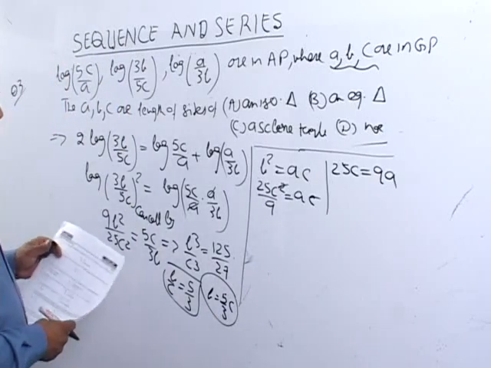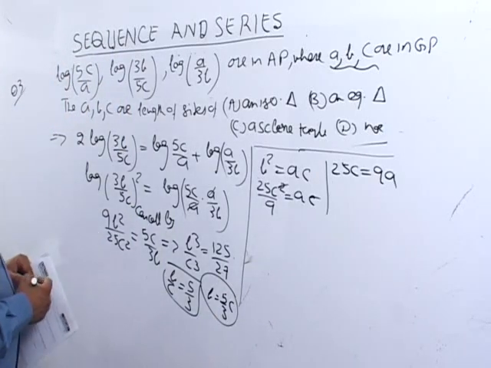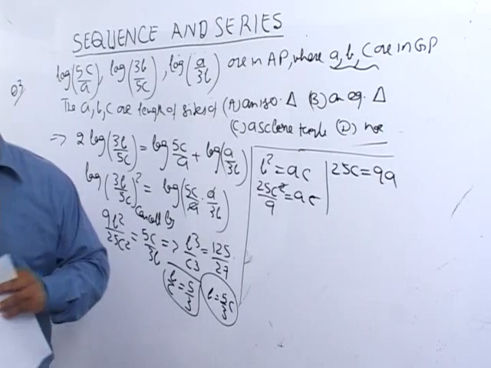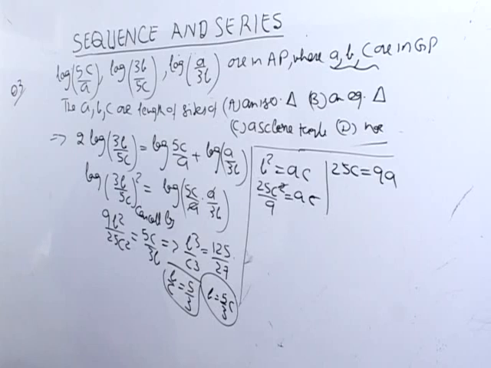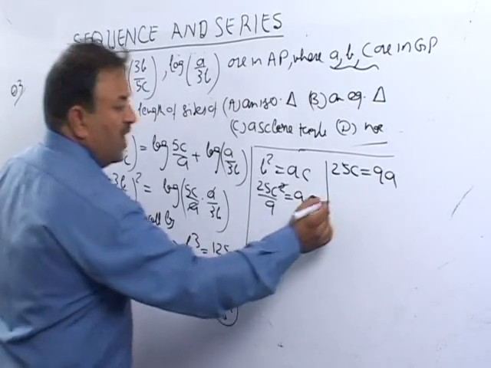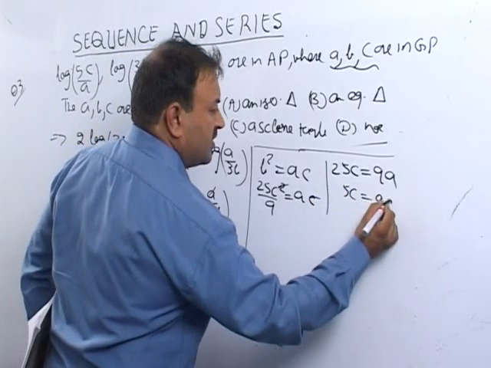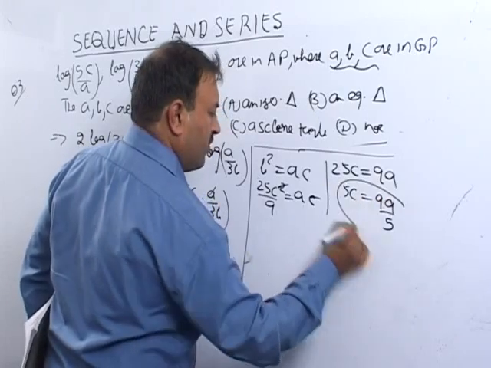Now we have to find out the relation between all these. इसमें किस तरह से relation बनाया जाए? We can make a relation this way. 5c is equal to 9a upon 5.